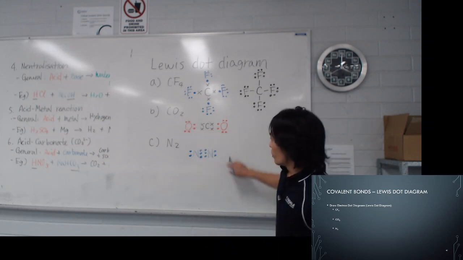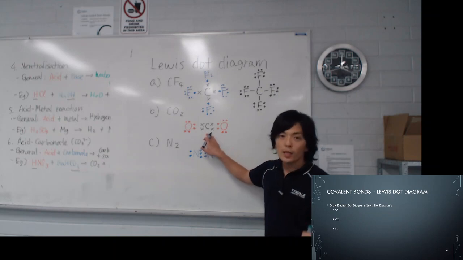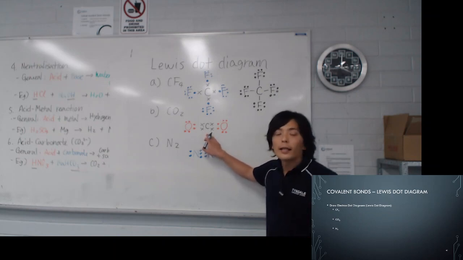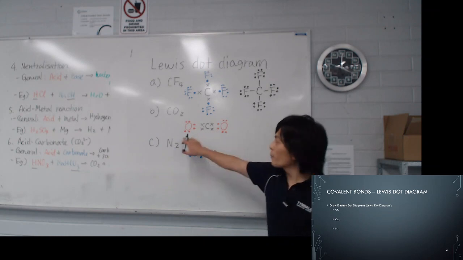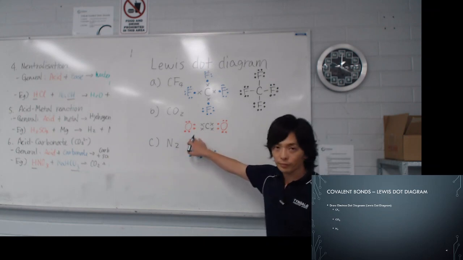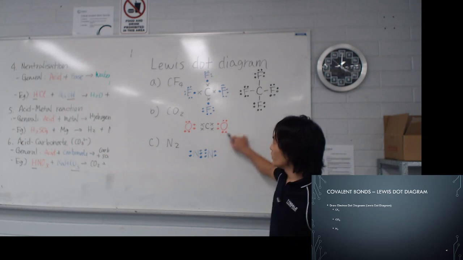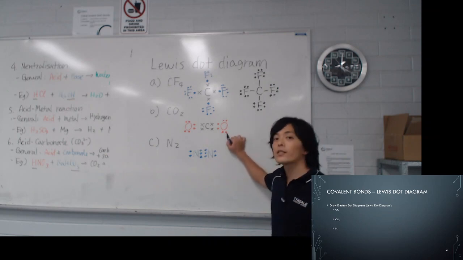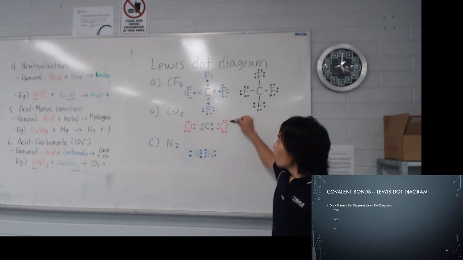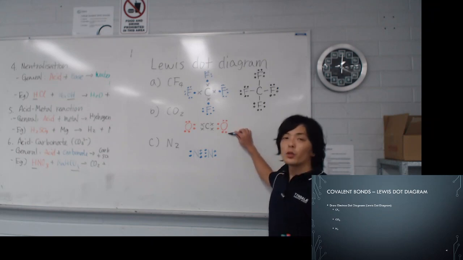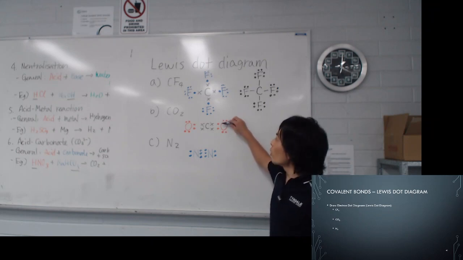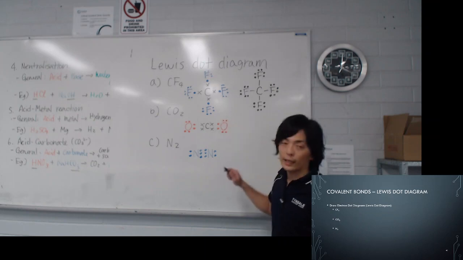Second one, CO2. Carbon still has the highest number of electrons available for bonding. Oxygen would be next, so I put oxygen surrounding. Each oxygen atom has 6 electrons. 1, 2, and 3, 4 electrons are not going to be used for bonding, so it would only use 1 and 2 electrons.